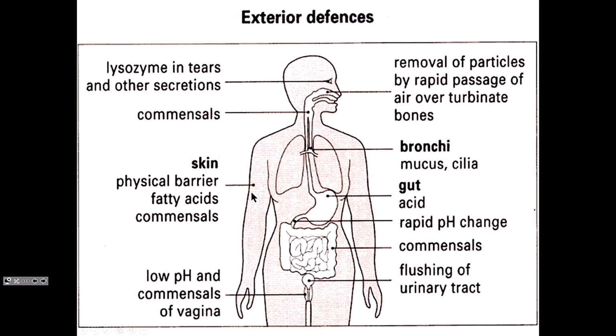The skin acts as a physical barrier to foreign pathogens readily gaining access to the body. And then we have low pH and commensals in the reproductive tract and the gut. Bacteria don't like an acidic environment, so by having a partially acidic environment in these locations, it slows down the growth of bacteria.